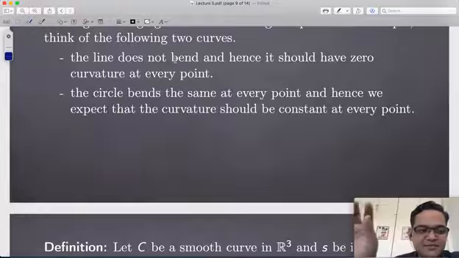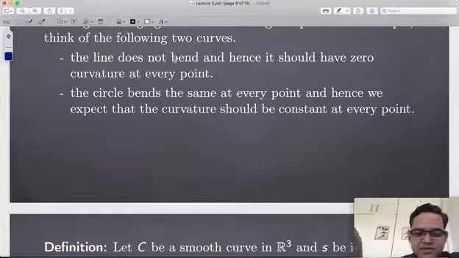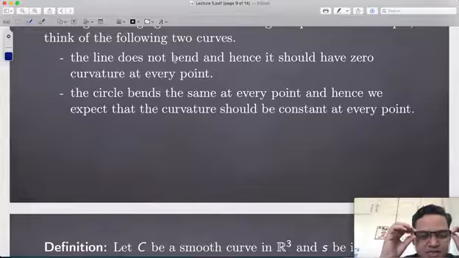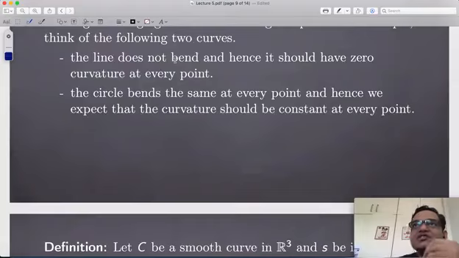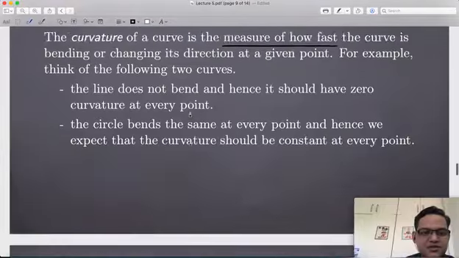It doesn't change more at some points and less at others. So these intuitions should be true when we give a suitable idea to measure this change in direction.